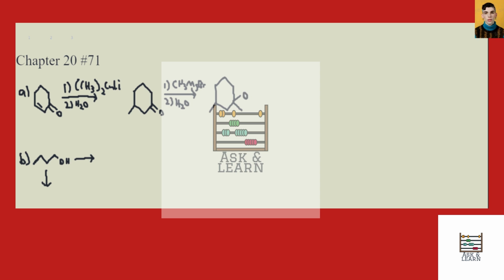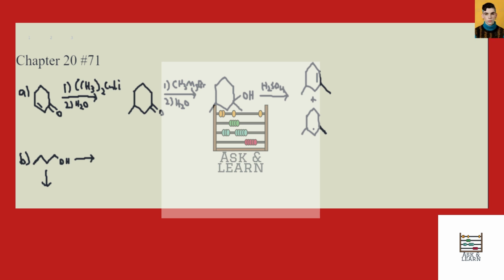And so we can do an elimination using concentrated sulfuric acid. And so we'll get a mixture of products from that. So basically, we can get the elimination product that's going to put the double bond here. We can also get the other product where the double bond will be in the other possible location, which is right here.